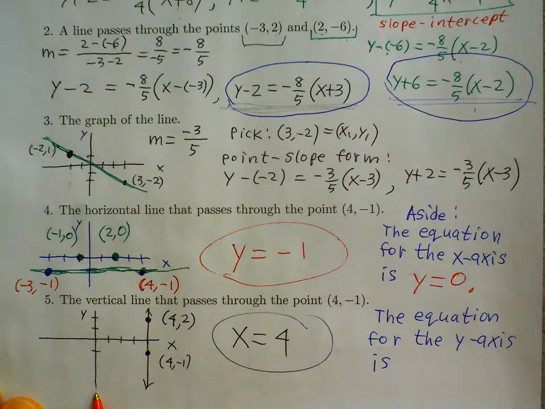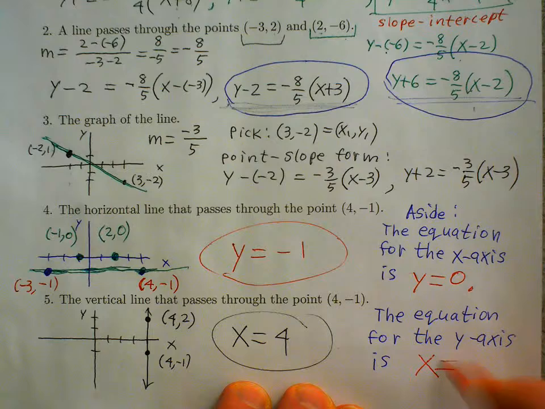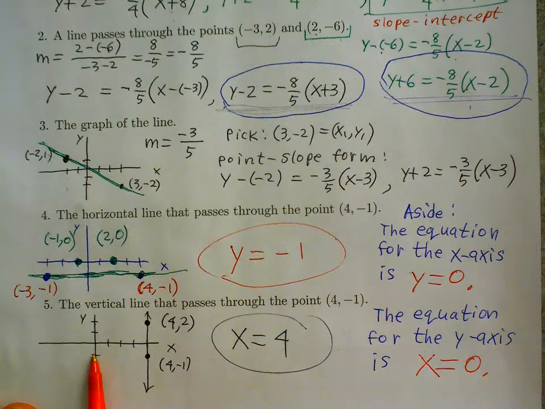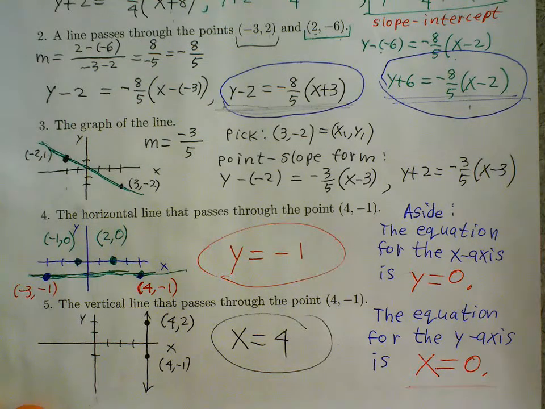It is x equals 0. If you pick any point on the y-axis, the x-coordinate is always 0. Therefore, the equation for that vertical line is x equals 0, because the x-coordinate on that line is always 0, right?